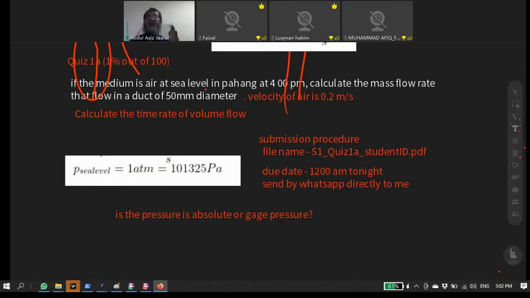So absolute pressure. When we have absolute pressure, then you can use it to calculate the density. So what is the equation? Equation of state untuk perfect gas. Apa dia?